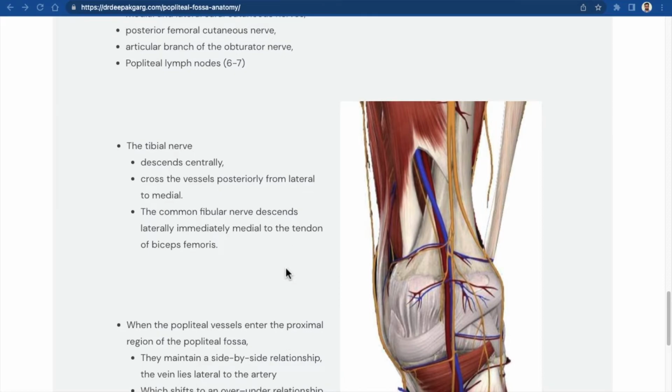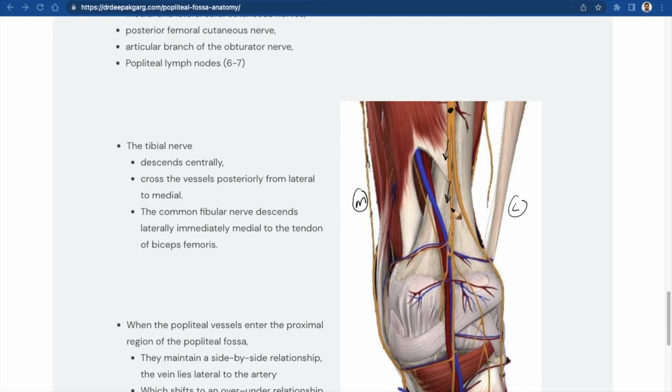If we look at the relations of the contents, we have seen this is the sciatic nerve, and this nerve is lying centrally. If this is the lateral side and this is the medial side, we can see the vessels are coming from the medial side.